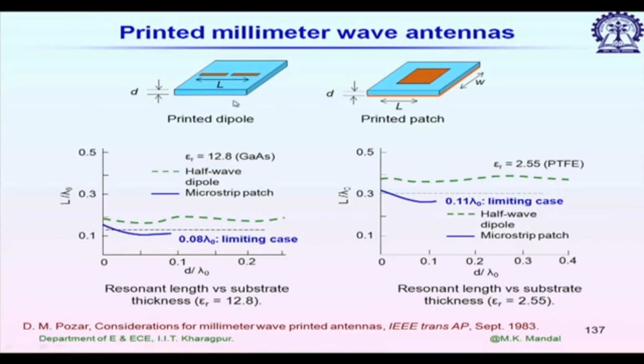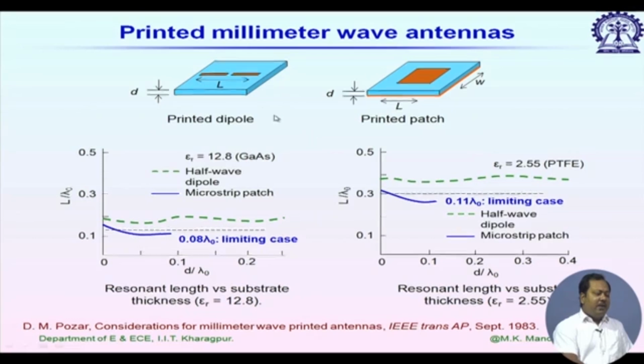Here I am going to show some results obtained for two different types of antenna. The first one is the printed dipole, which is one example of a balanced antenna, and the second one is the printed patch antenna. Both of these antennas are printed on laminates using printed circuit board technology.